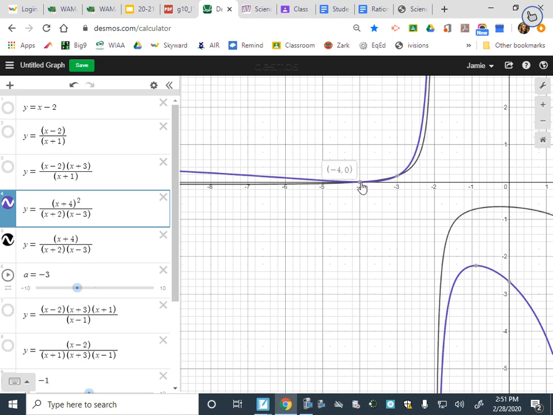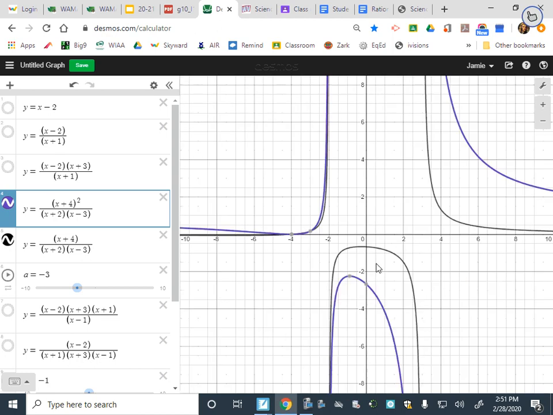The way that it interacts with the x-axis is a little bit more like a parabola than a straight line. It touches, but it doesn't cross. So that is one of the differences that we see when we duplicate something in the numerator. Multiplicity of a 0 makes it just touch and not cross when it's an even multiplicity.